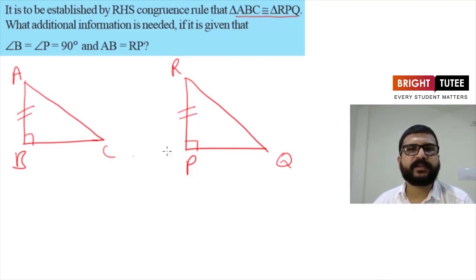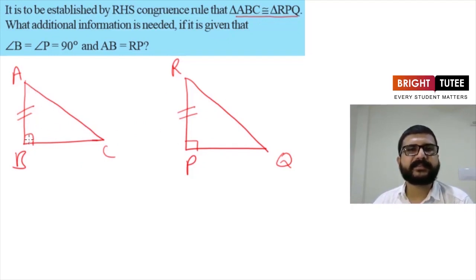Now observe carefully what are the things we are having here now. We are having both the triangles are right angle triangles, that is fine. Now for applying RHS congruency rule, what do we need? We need their hypotenuse to be equal. But here hypotenuse are not equal. And what are the things we are having here? Here we are having AB is equal to RP.